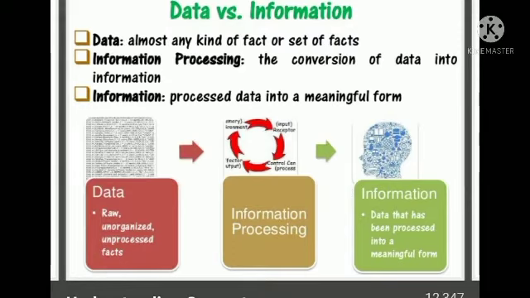That process is termed as information processing. So information processing is the conversion of the input data into meaningful information. What do you mean by information? So the information is the processed data. So the process of conversion is called information processing.